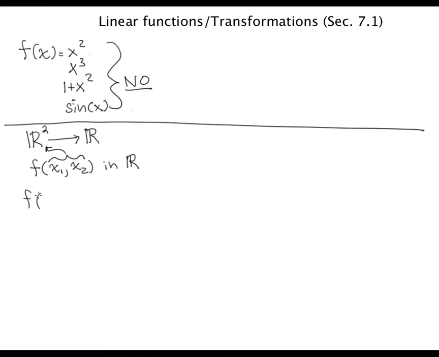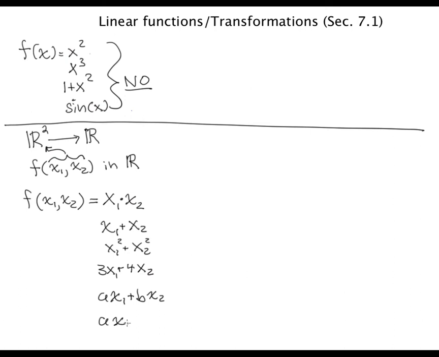So an example would be f of x1 comma x2 is equal to, let's see, how about x1 times x2, or x1 plus x2, or x1 squared plus x2 squared, or 3x1 plus 4x2, or ax1 plus bx2, or ax1 plus bx2 plus cx1x2. There's a bunch of possibilities.